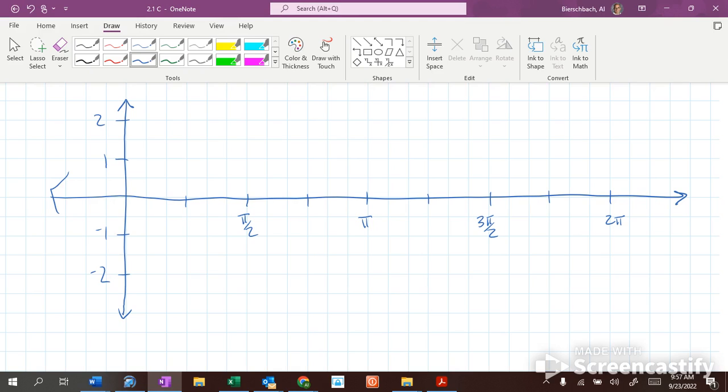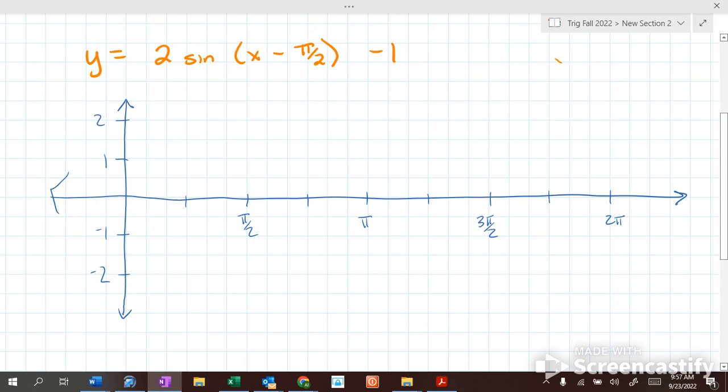All right, so what's the very base function of this problem? Sine of x. So y equals sine of x.